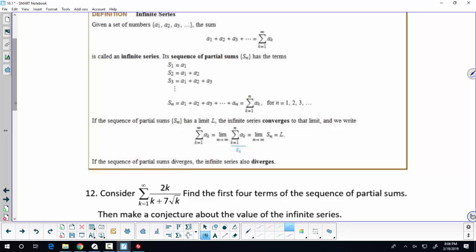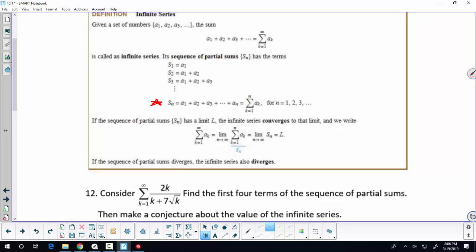Upper bound is infinity, which makes it an infinite series. And then the partial sums listed here, the sum of a sub 1 plus a sub 2 plus a sub n, gives us our nth partial sum. And here they're making the point that the nth partial sum is equivalent to the sum from k equals 1 to n of that series.